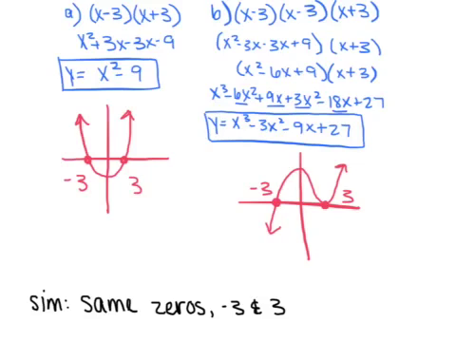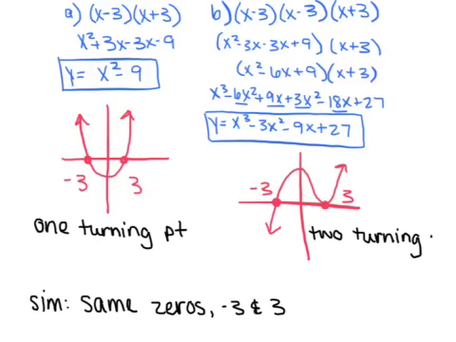A only has one turning point and B has two. Good. Got something else, Steve? The end behavior on A is up, and on B is down. Good. Is that what you're going to say, Catherine? Okay, good.